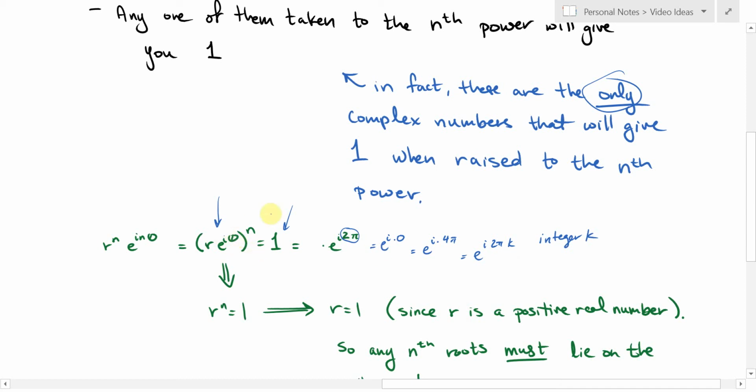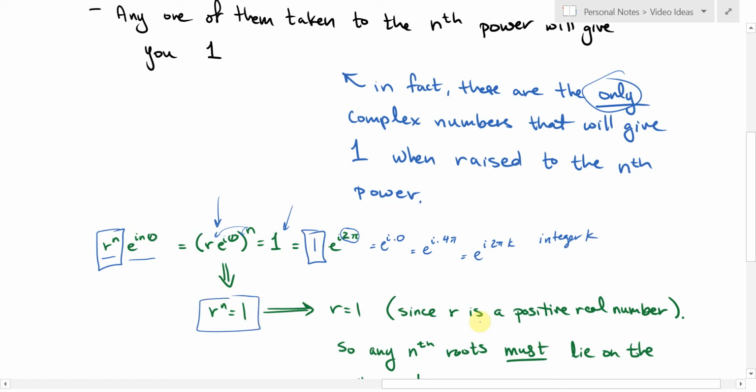But anyway, going the other direction, r e to the i theta taken to the nth power, well, that n distributes to both, and it looks like this: r to the n e to the i n theta. Again, a power taken to a power multiplies the powers. Alright, so in particular, the lengths have to match up. So r^n had better equal the length here, which is just 1. So r^n equals 1.